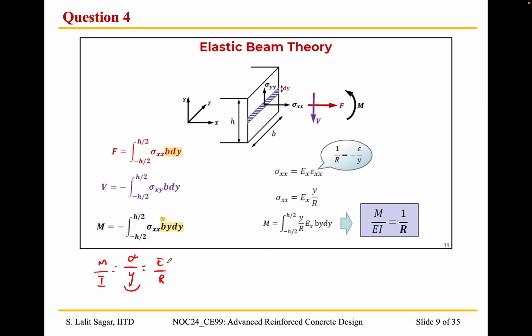So if we take the value of E and put it over here, we have the equation. So the curvature, that is phi, is equal to 1 by R is equal to M by EI.